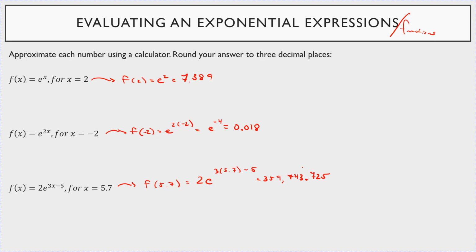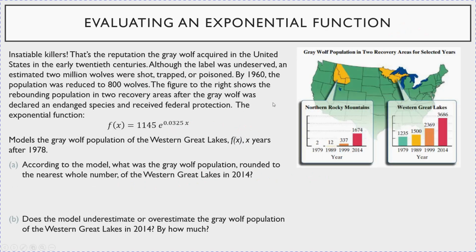Okay, so we kind of got an idea of e now. So let's now move and spend some time talking about application problems. These are fun. So here's a problem about insatiable killers. That's the reputation the gray wolf acquired in the United States in the early 20th century.